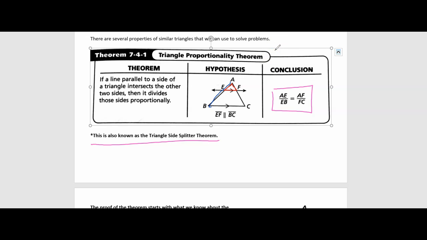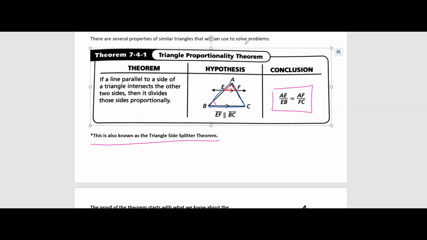I've got the red and the blue. And we know those are similar by AA. We could go through the proof, but they both share angle A, so that's one set of congruent angles. And then because these lines are parallel, we have corresponding angles that we could also say are congruent as well. So the triangles are similar by AA.